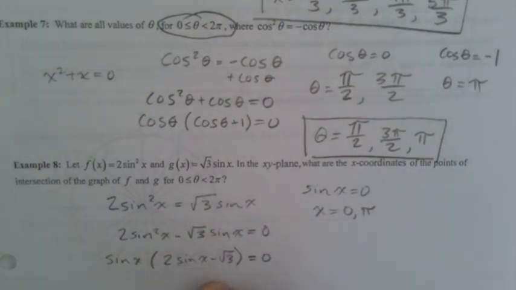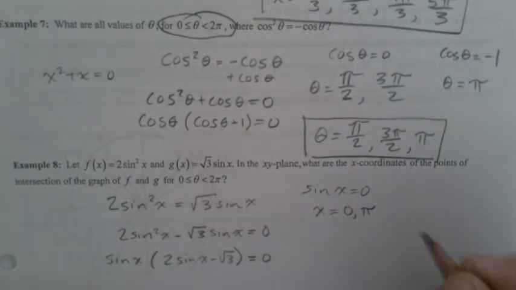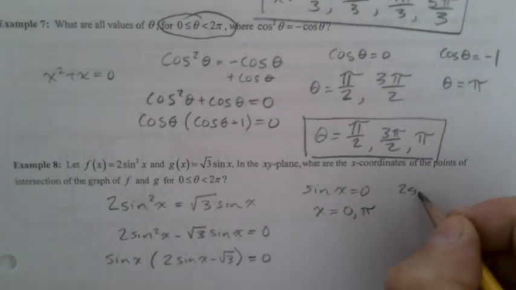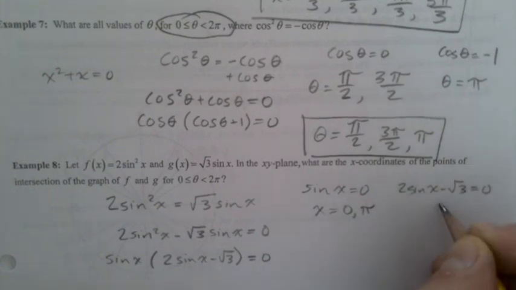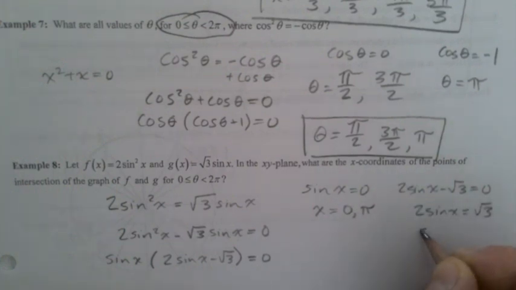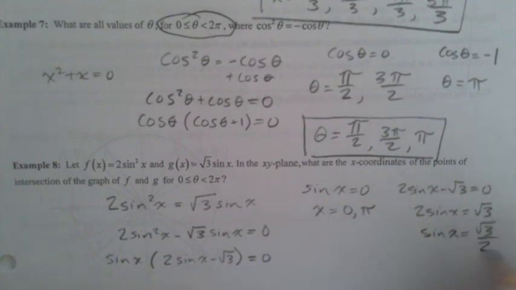The second one looks a little more complicated, but it's not too bad. You would say 2 sine of x minus root 3 is equal to 0. Add root 3 to both sides. You get 2 sine of x equals root 3. Divide by 2, and you find that sine of x is equal to root 3 over 2.